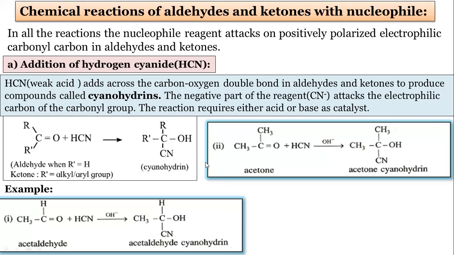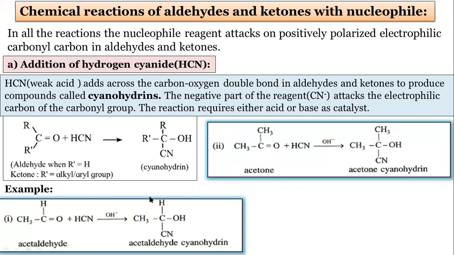This reaction is asked for 1 mark in the board exam. If an aldehyde is used, the compound is called acetaldehyde cyanohydrin, and if a ketone is used, it is called acetone cyanohydrin. The main difference is between aldehydes and ketones, otherwise the reaction is the same.